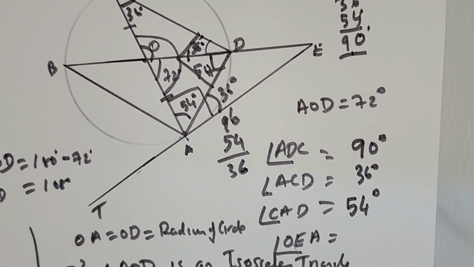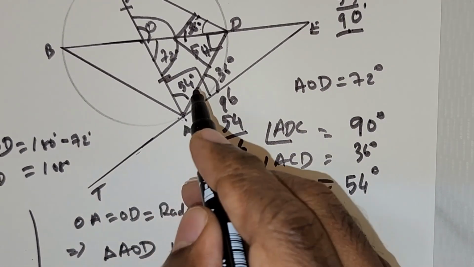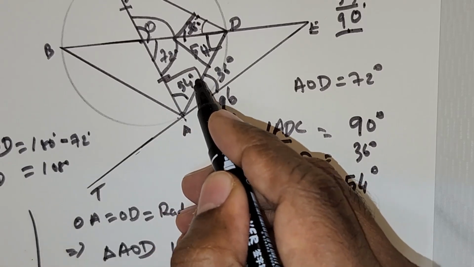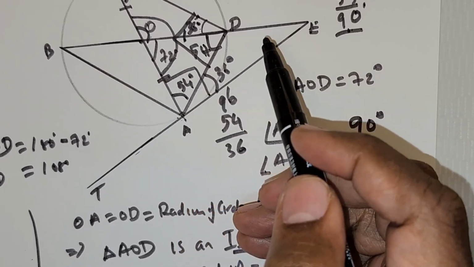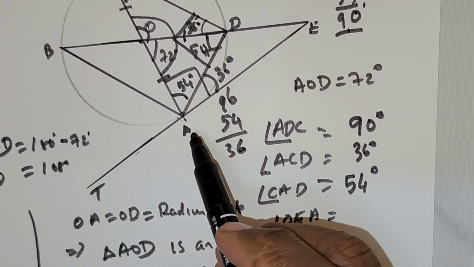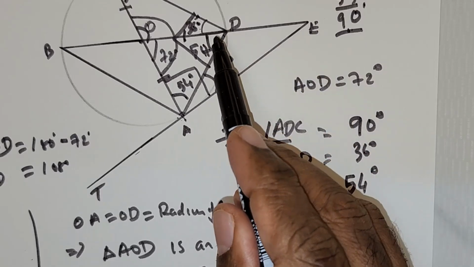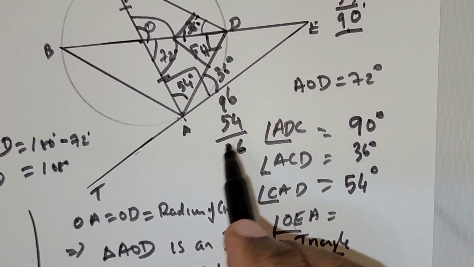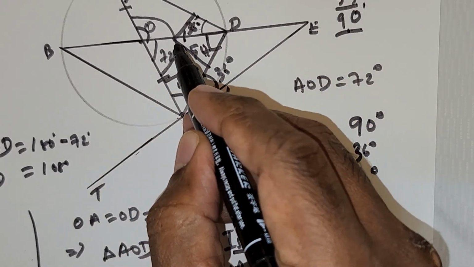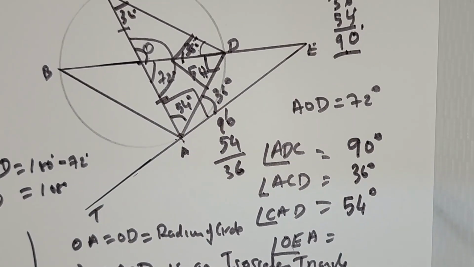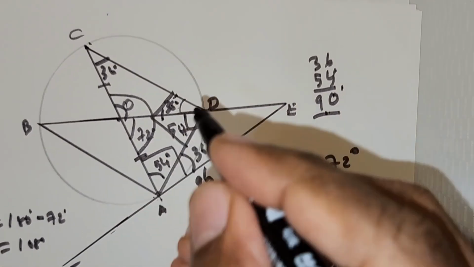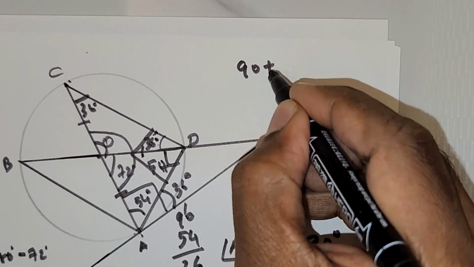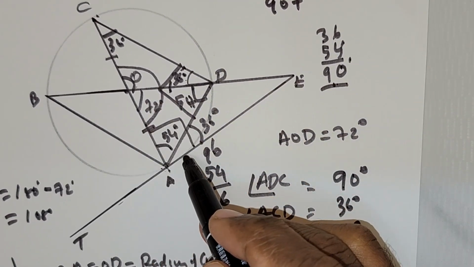Do we need that? Now you just see here, actually we can directly get the value of angle E, because what do we have here? AOD. This corner angle, we already have the details of this corner angle, right? So it is 72 degrees. So I need to add 90, because I know that this entire angle is 90.